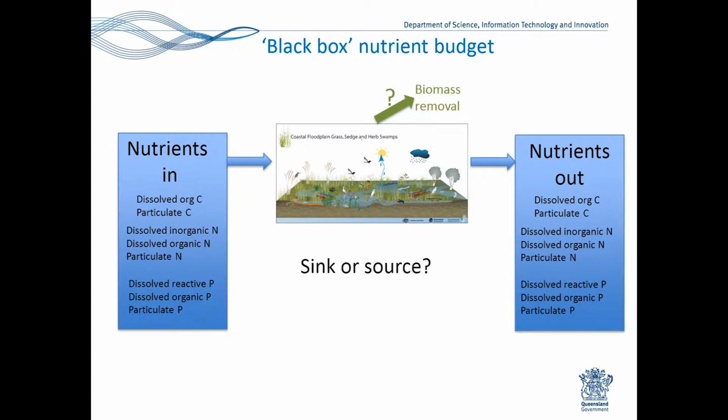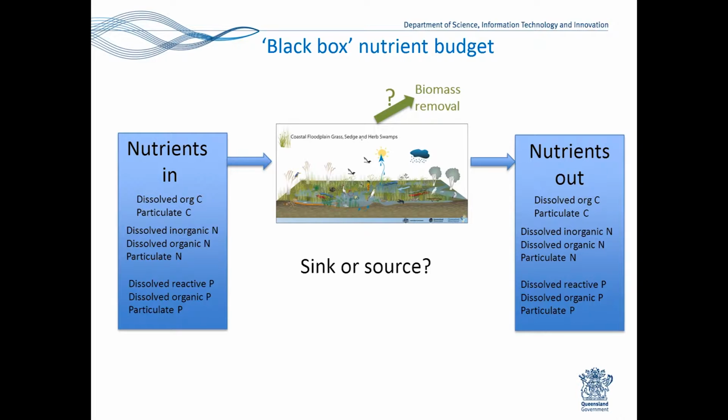So characteristically in water quality monitoring, we measure things like dissolved inorganic nitrogen, dissolved organic nitrogen, particulate nitrogen, dissolved reactive phosphorus, and particulate phosphorus. We can measure those parameters as they go into the wetlands, and as they come out the other end, and determine whether there's actually been a change.